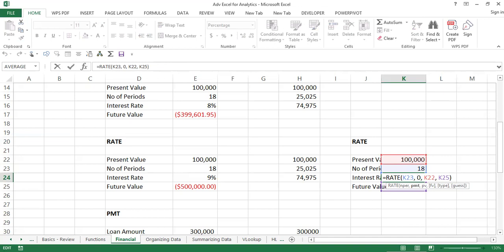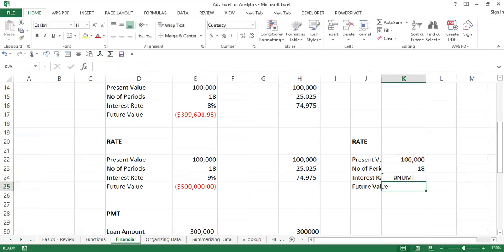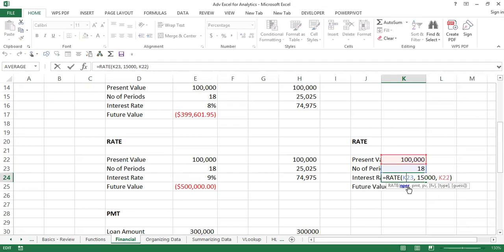Suppose we say instead of this zero, we say 15,000, and then N per payments.